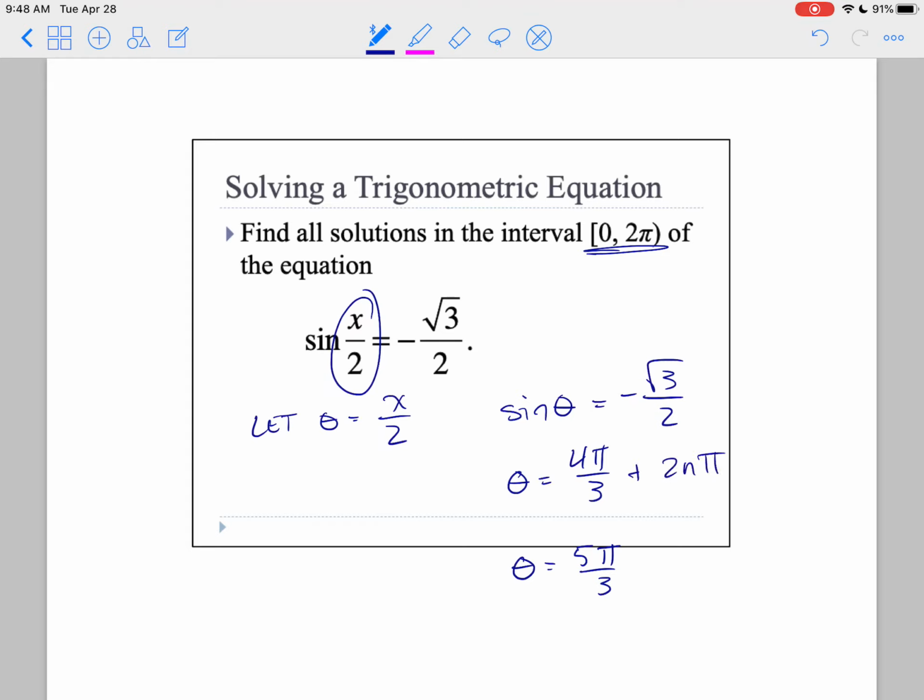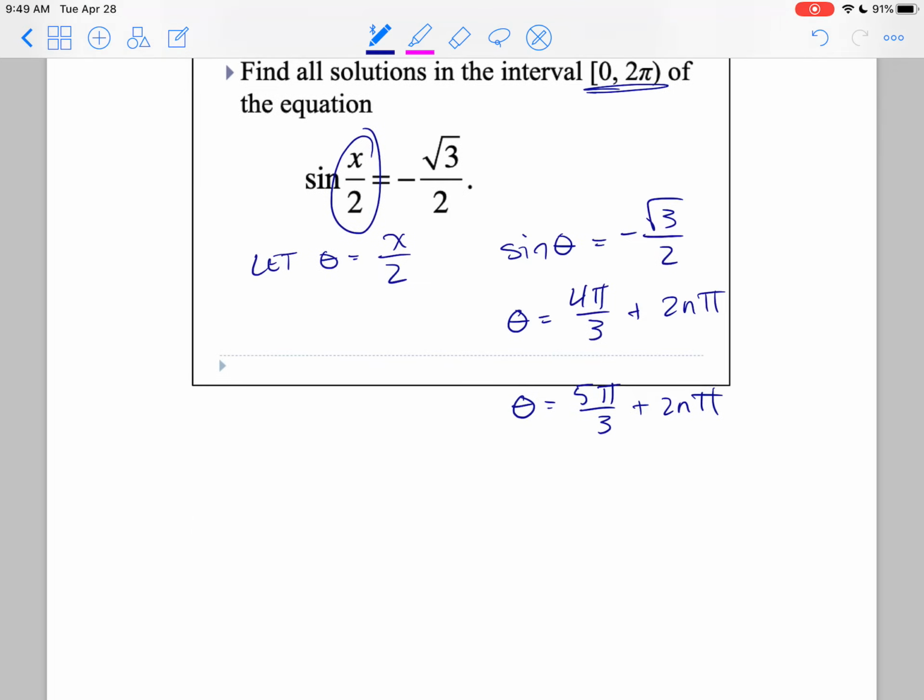Plus the 2n pi gives us all the solutions for theta. But we're not looking for theta, we're looking for x. So I'm going to substitute back in, x over 2 equal to 4 pi over 3 plus 2n pi, and x over 2 equal to 5 pi over 3 plus 2n pi.